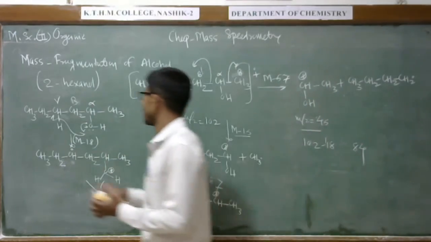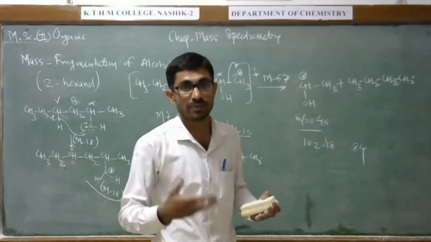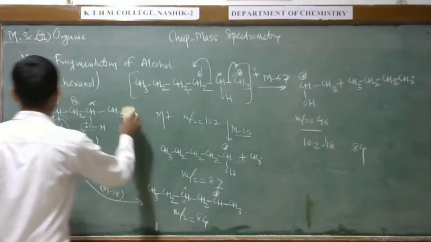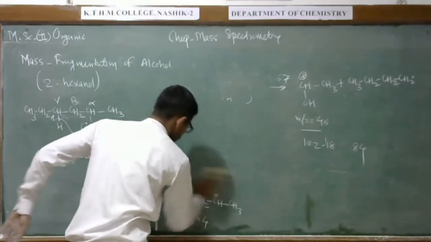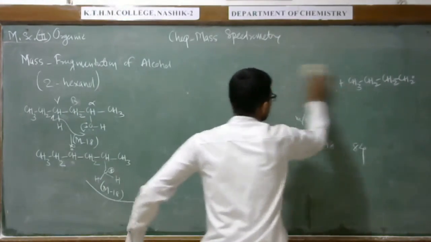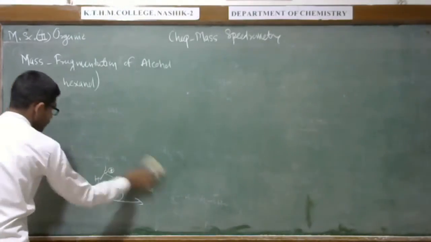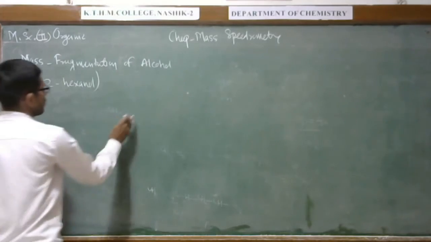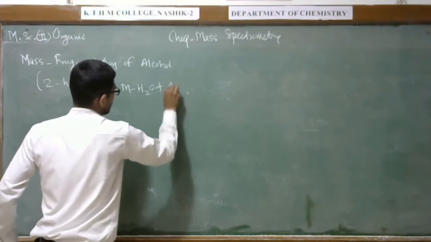As here alpha, beta, gamma, delta hydrogen is also present, we can show the loss of alkene plus water molecule. See here how. Here, M minus H2O plus alkene.